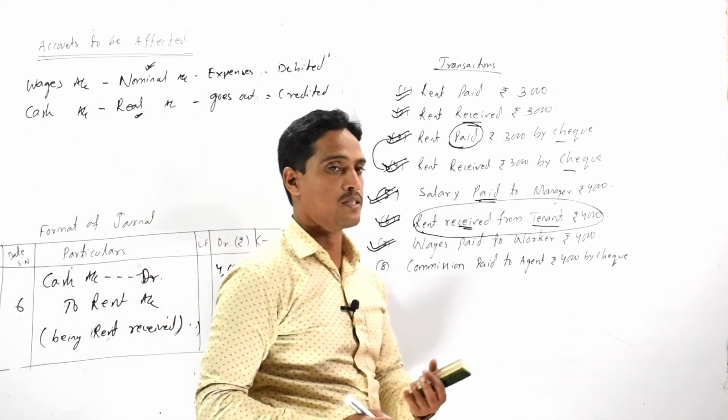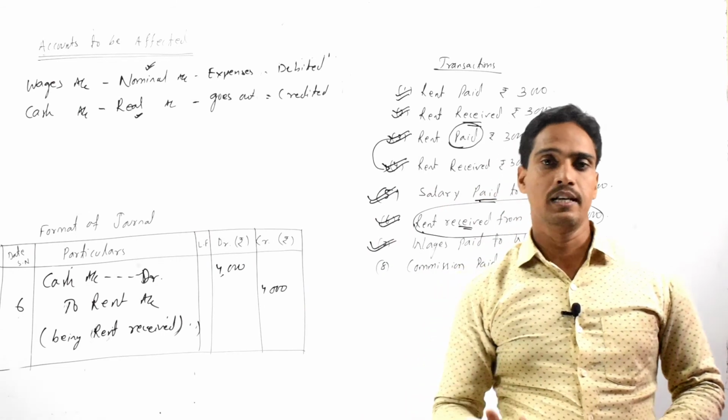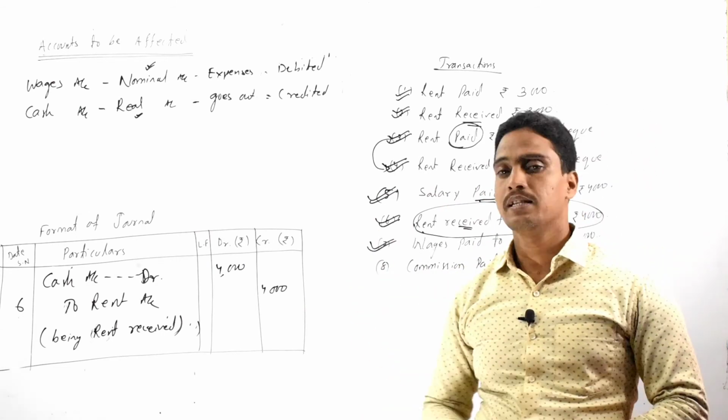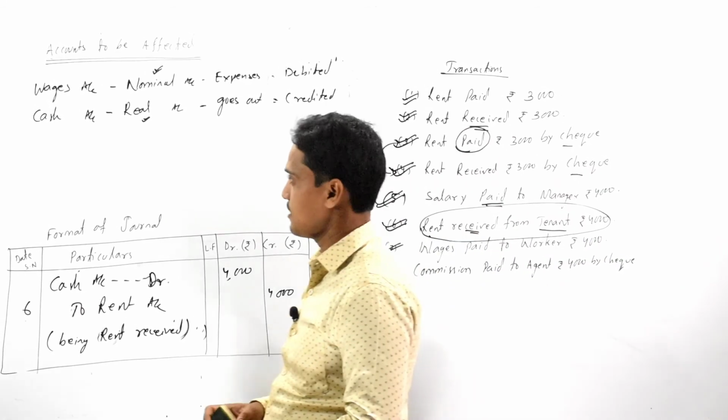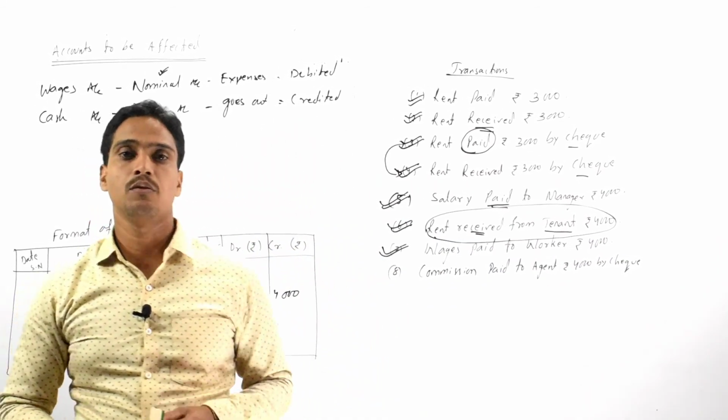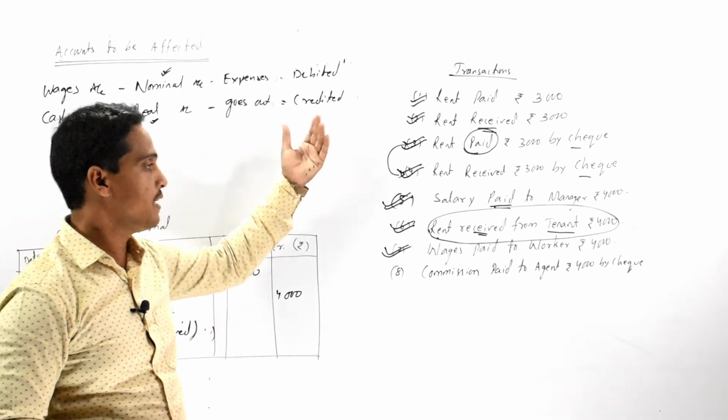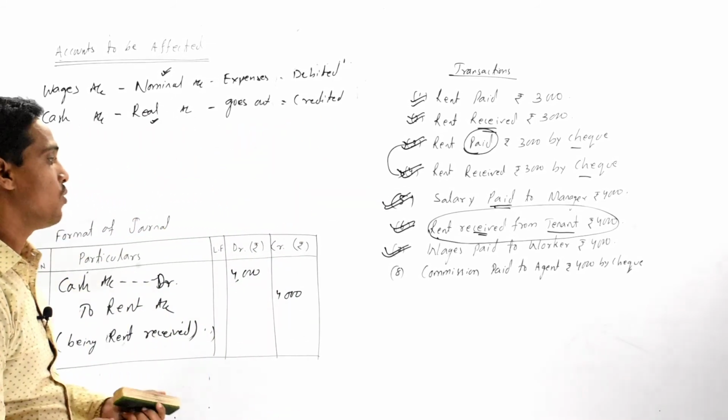That is, in case of nominal account, our rule is debit all expenses, losses, and credit all incomes and gains. And the real account rule is debit what comes in and credit what goes out.